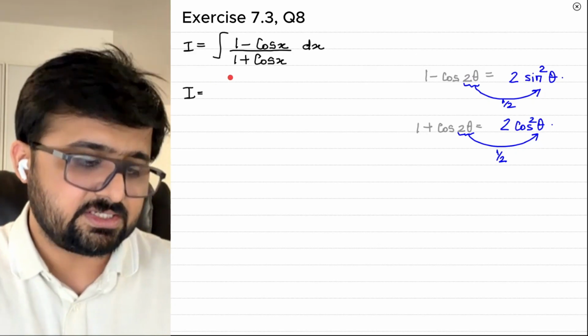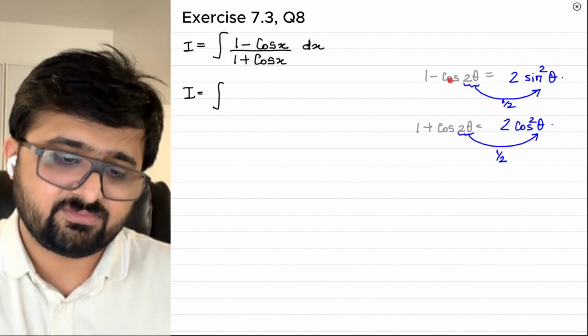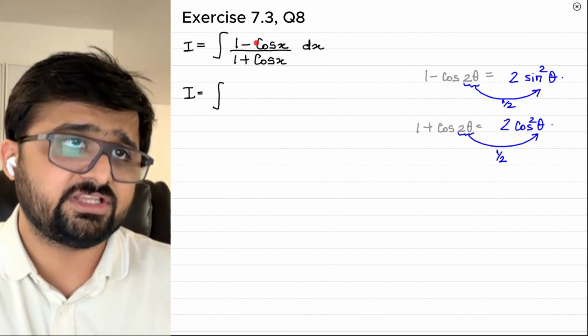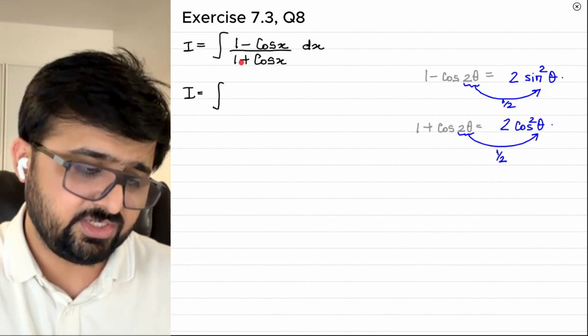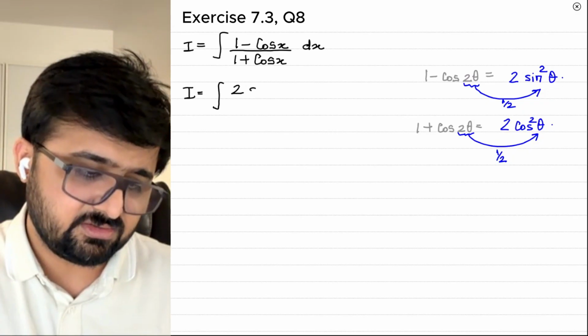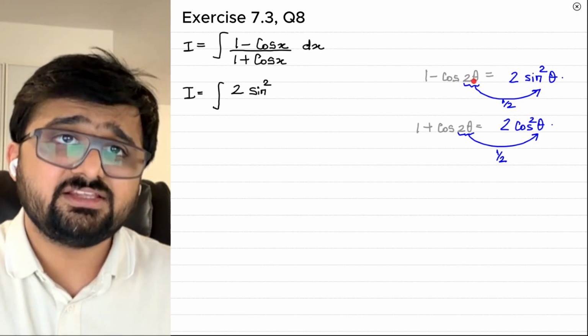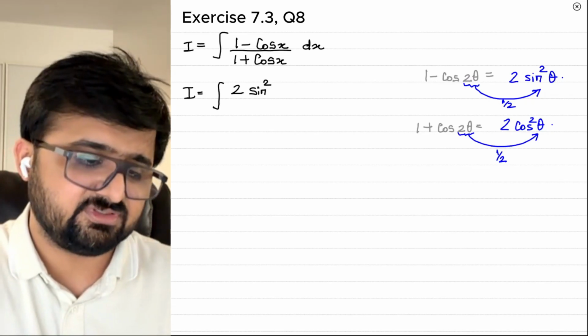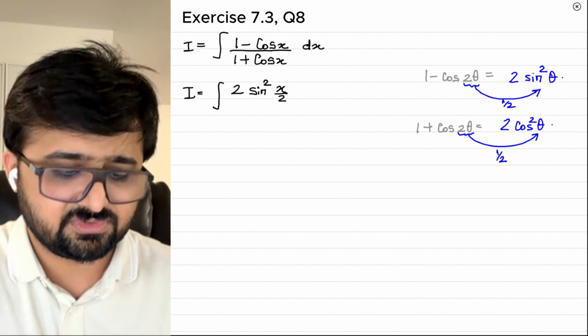So you get integration of 1 minus cos. Both formulas start with 2, so 1 minus cos is 2 sine square. The angle is very important, it becomes half, so x will become x by 2.